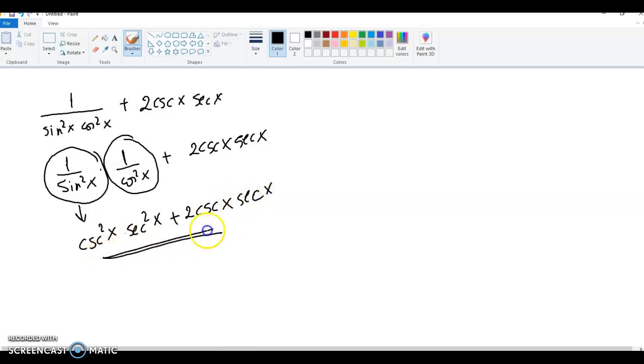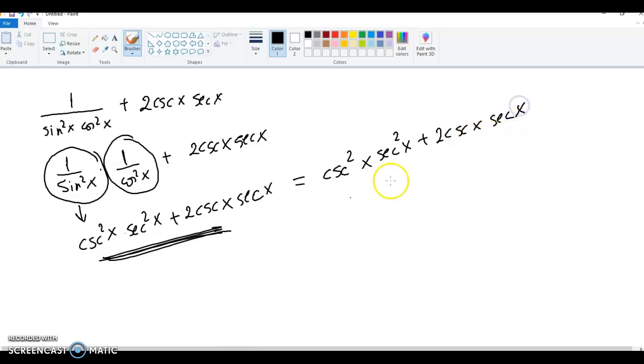So now we can clearly see that the left side is actually identical to the right side. So we proved this trigonometric identity.